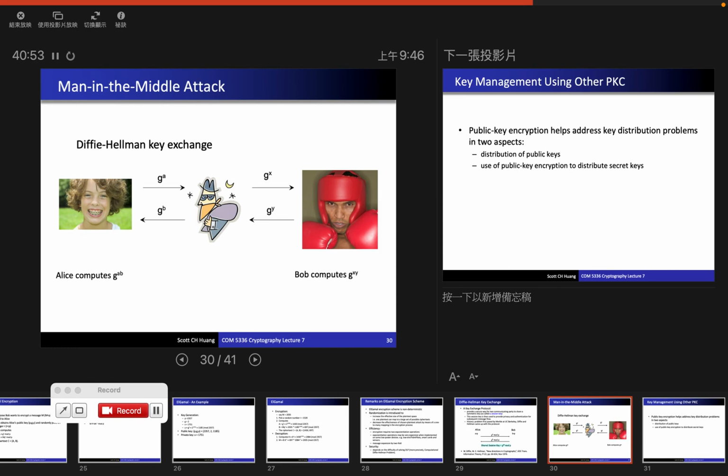Okay. So this is a really severe problem, because even though these communications are secure, the problem is you're communicating with the wrong guy. Right? You have to prevent this. That is why we need to have digital signatures. Otherwise, without any authorization, you really don't know who you're contacting.